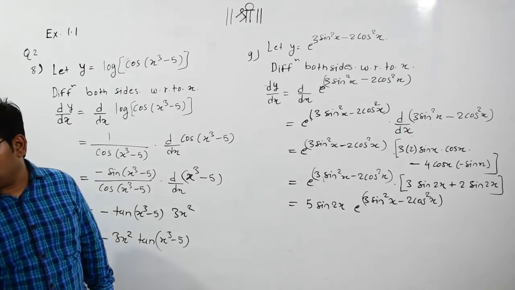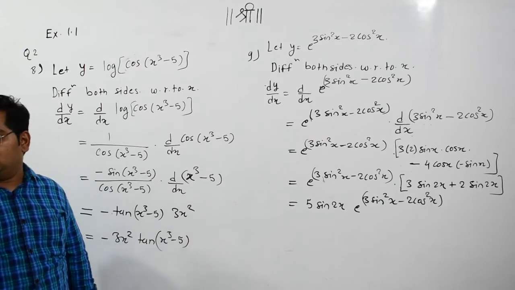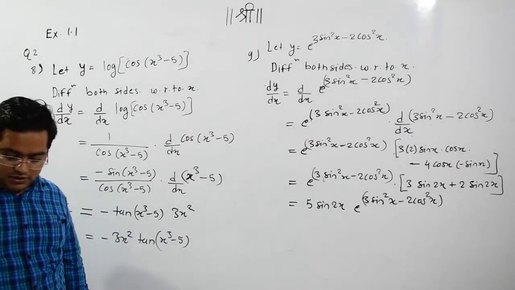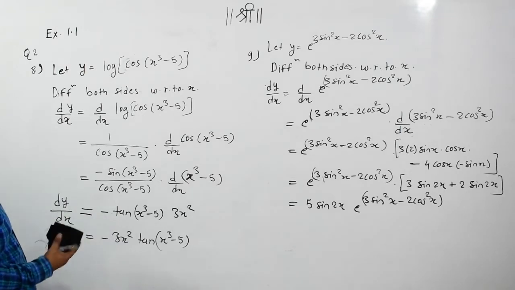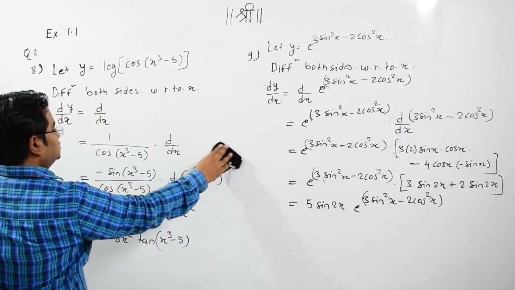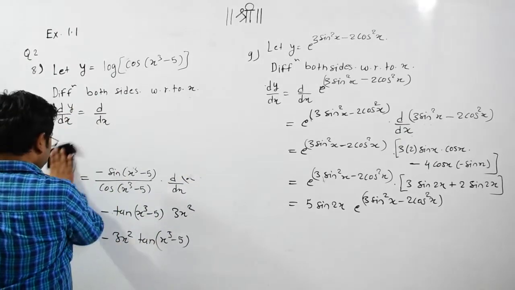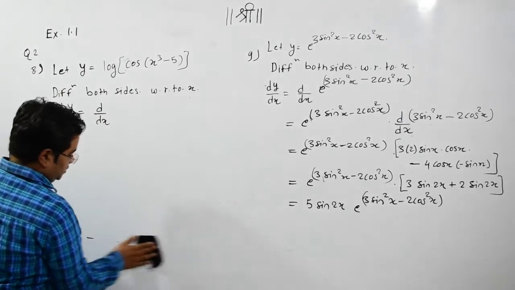What is our next problem? Cos² of log of (x² plus 7). This problem is also easy but quite lengthy, so I would like to solve it again through here. Let's move, we don't have time to discuss all these things.